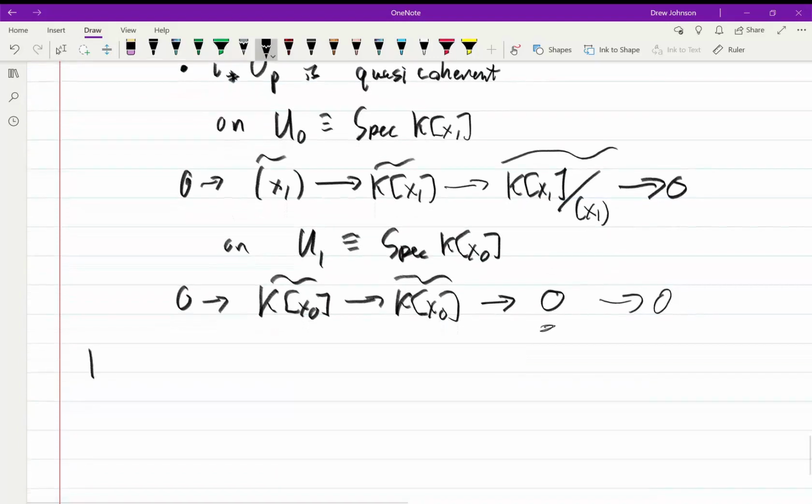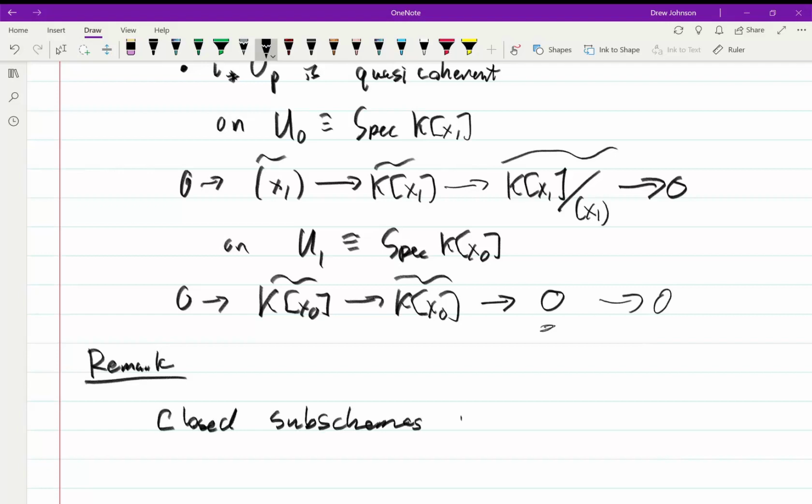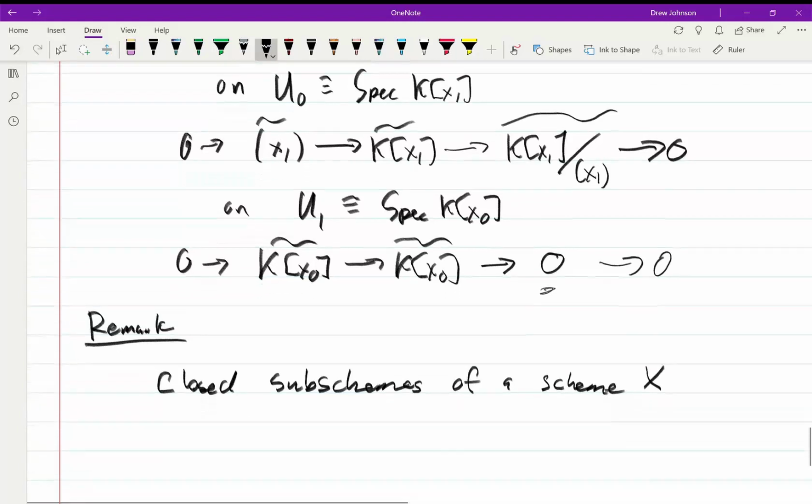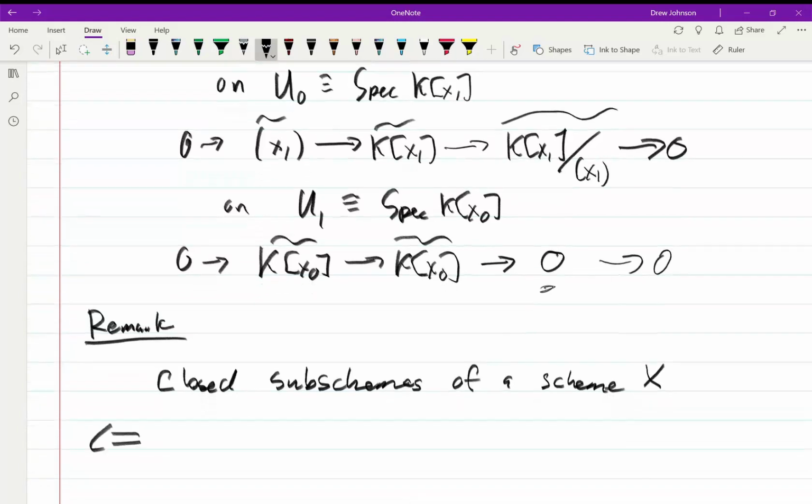Okay, so let me just end with this remark, that closed subschemes of a scheme correspond, so this is a one-to-one correspondence, with subsheaves of OX.